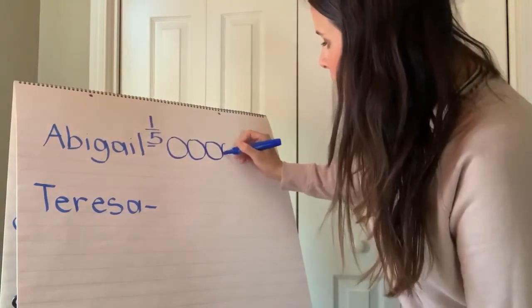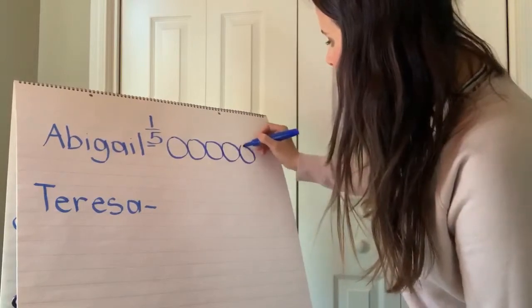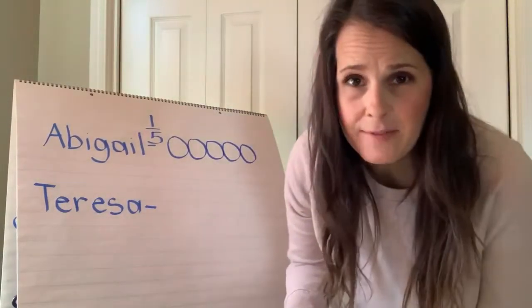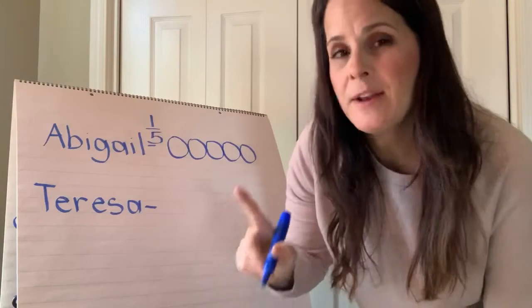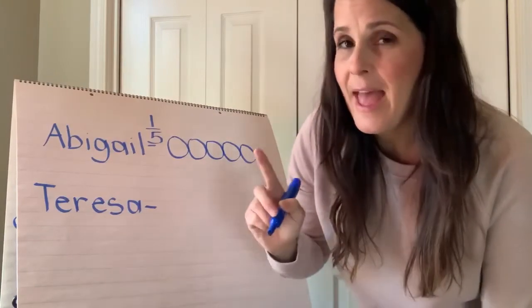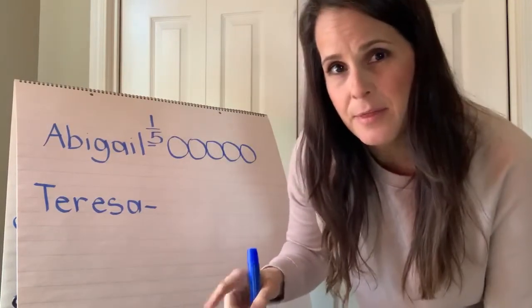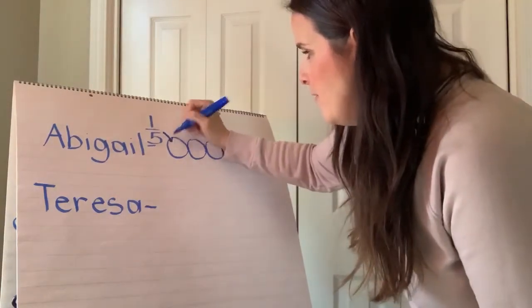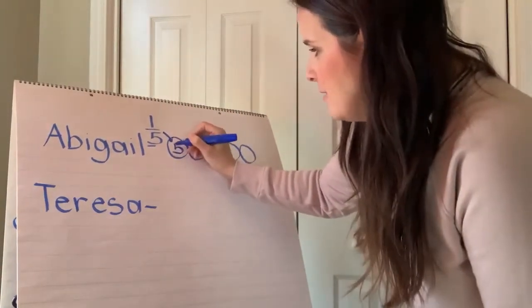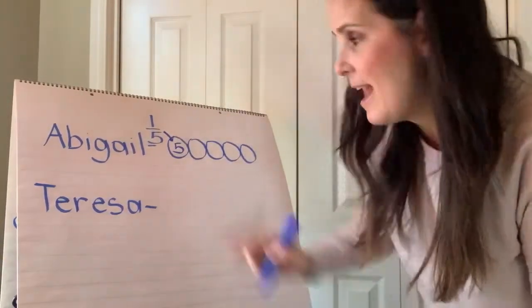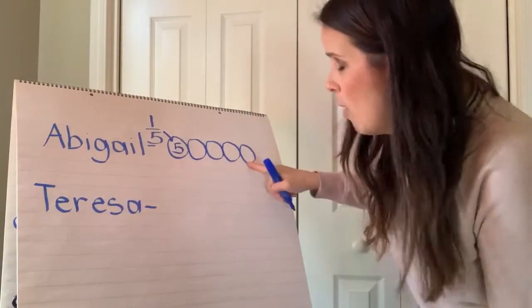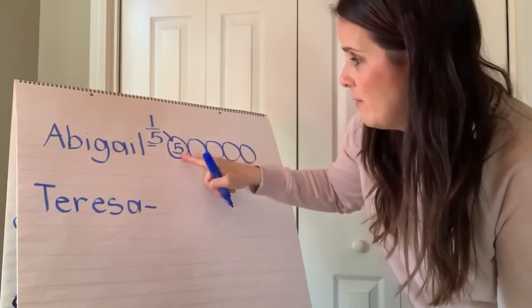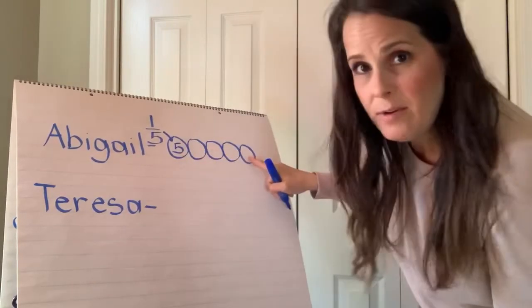1, 2, 3, 4, 5. And of those 5 equal parts, it said she read 1/5 of them, and that in that 1/5, there were 5 pages. So let's say here's the 1/5 that she read, and that's 5 pages. Now, they're all 1/5, right? 1/5, 1/5, 1/5, 1/5, 1/5.